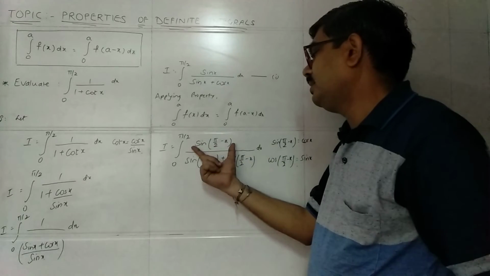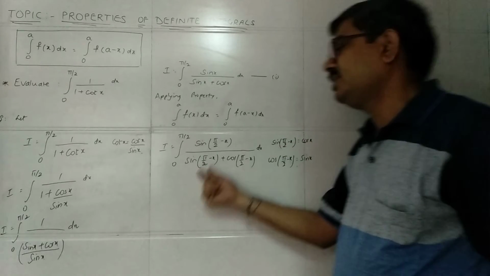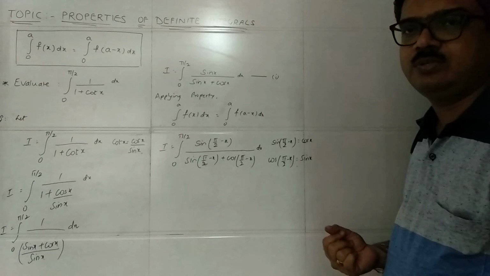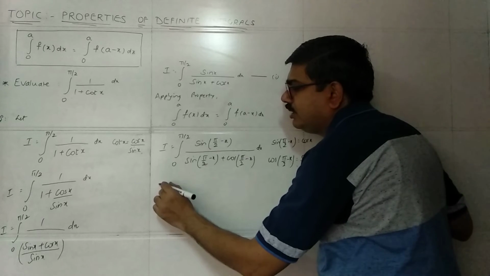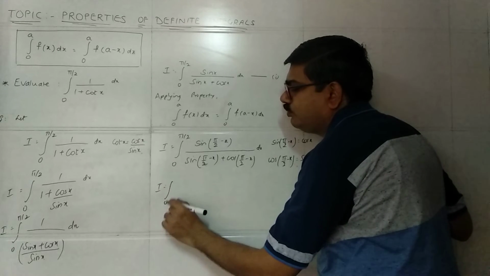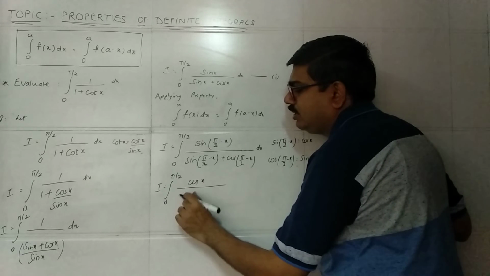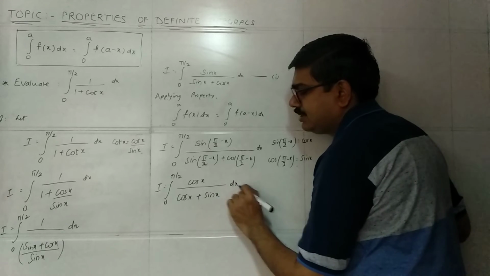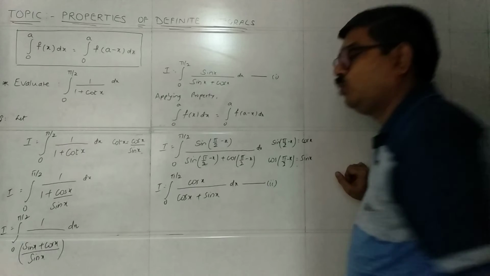So here and here we'll put the value of sine pi by 2 minus x as cos x, and in place of cos pi by 2 minus x we'll put sin x in the next step. So I is equal to integral 0 to pi by 2, you will get cos x upon cos x plus sin x dx. Now consider this as equation number 2.